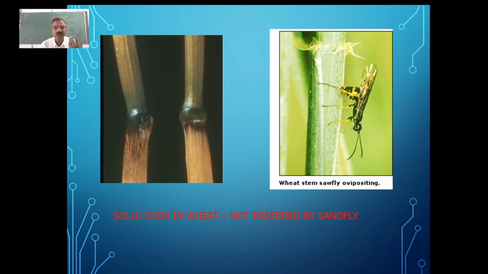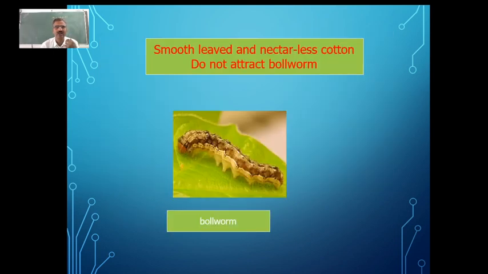That is an adaptation in the case of plants, the morphological adaptation. And we have some cases like the cotton. The cotton is affected by bollworm, and they have smooth leaved and also nectarless cotton which do not attract the bollworm.